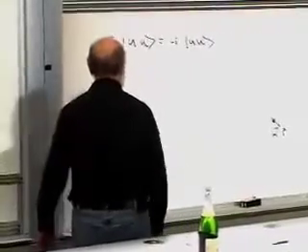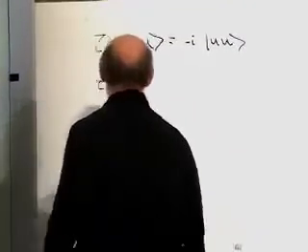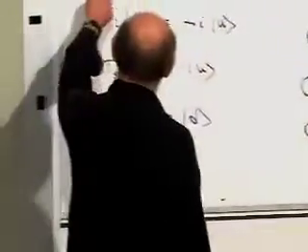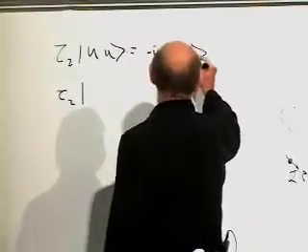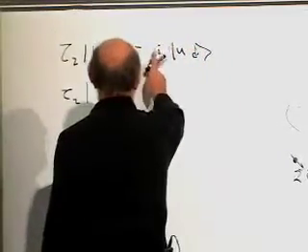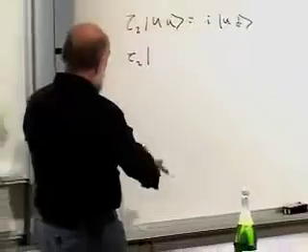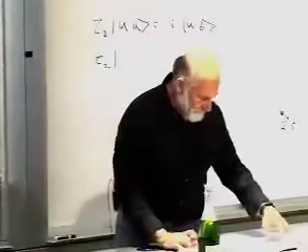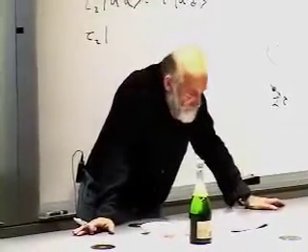So tau 2 on up gives I times down. So that's I times down plus I times down, and so forth. We can go through the list of them. The point is we know what sigma and tau do to every one of the vectors. And so we know completely what the nature of these operators are.